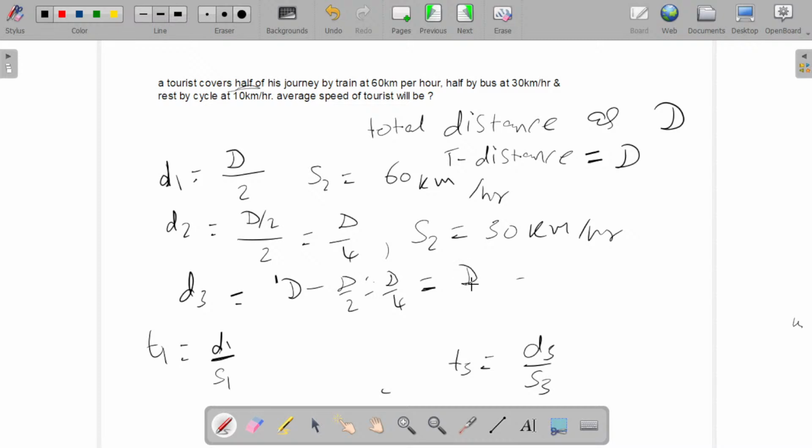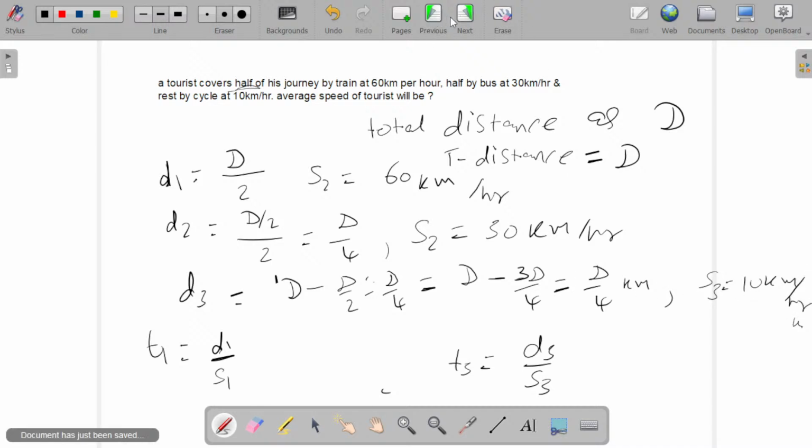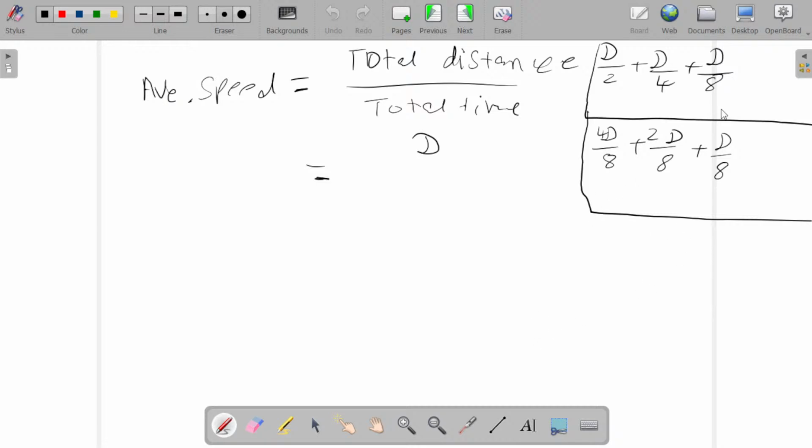So it will be d minus 3d by 4 equal to d by 4 kilometer, 10 kilometer per hour. So d3 will be d by 4. It's my mistake, so I apologize for it. So here it will be d by 4 because it was the rest distance, not the half distance. Sorry about it.